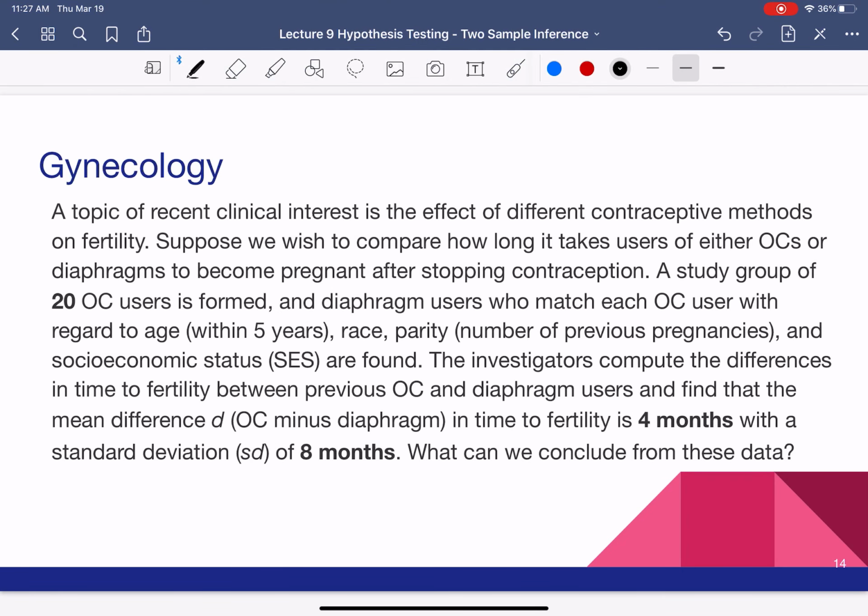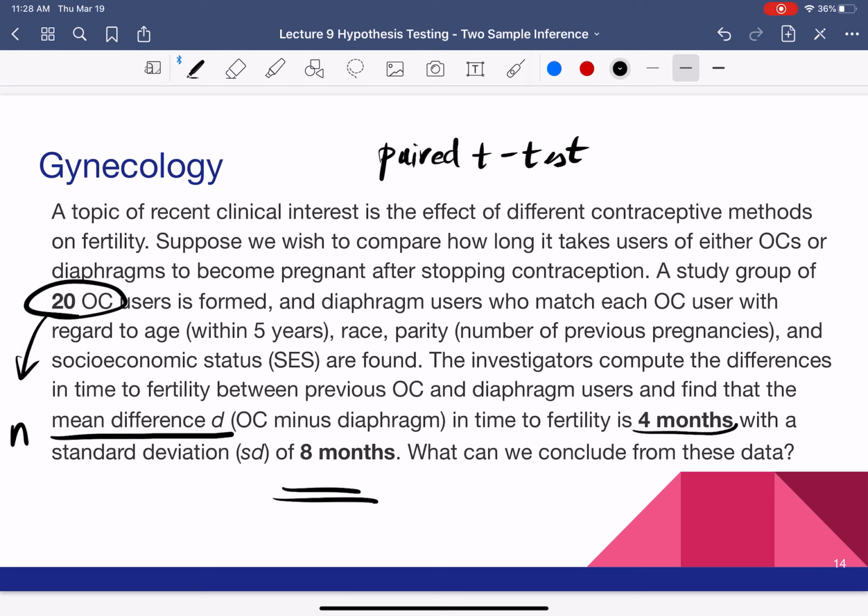So now try doing this problem and using the same paired t-test. So notice that here the study group contains 20 OC users, so 20 becomes N, and in the study group they have found that the mean difference D is 4 months, so this value is D bar, and the standard deviation is 8 months, so this becomes ESD.